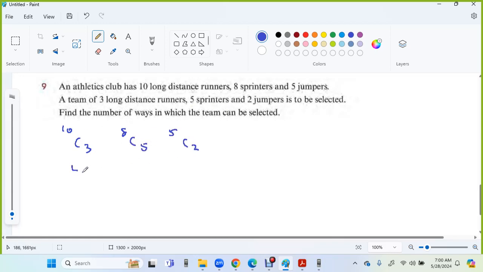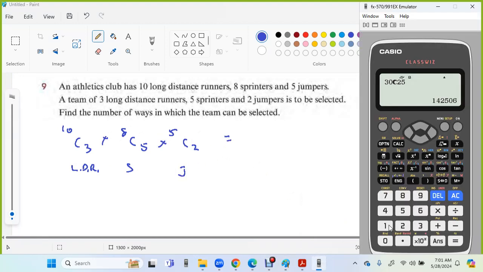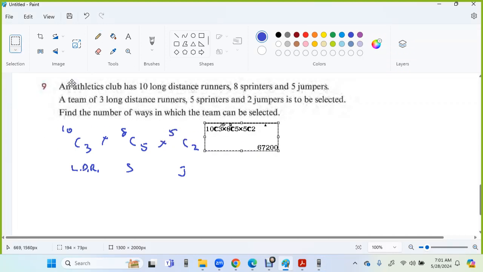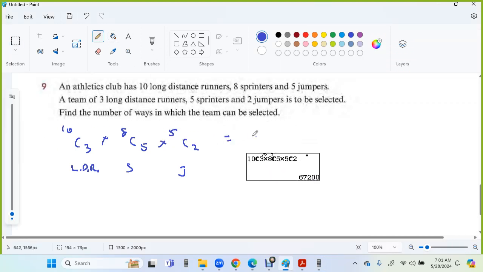This is the long distance runner, this is the sprinter, and this is the jumper. So we have 10C3, 8C5, 5C2. Then this is 67,200.